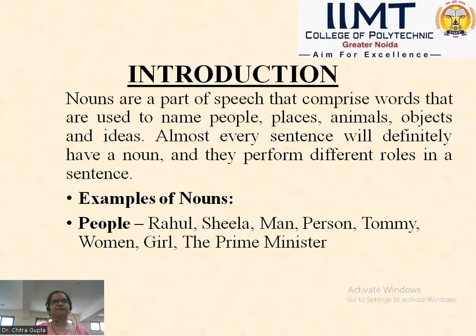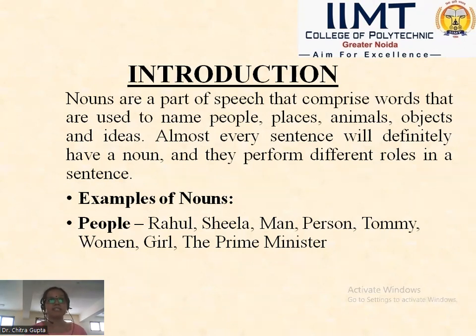What is a noun? Nouns are a part of speech that comprise words that are used to name people, places, animals, objects, and ideas. Basically, nouns are used for naming.